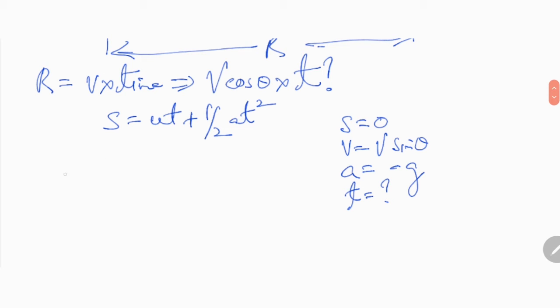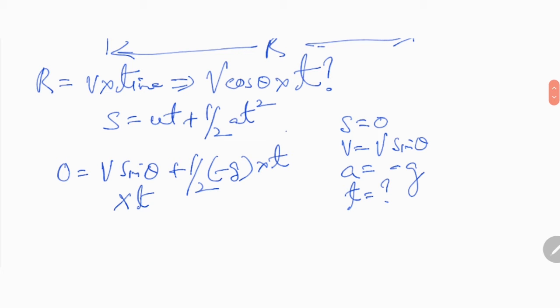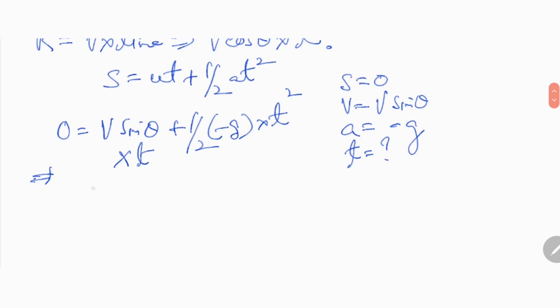So shall we apply it here? So it is 0 is equal to v sine theta into t plus half g t square. Clear enough? So this implies, what will be t?